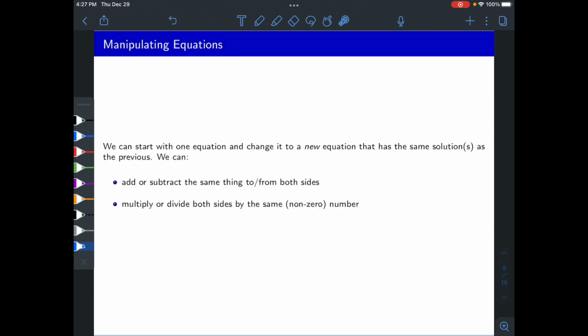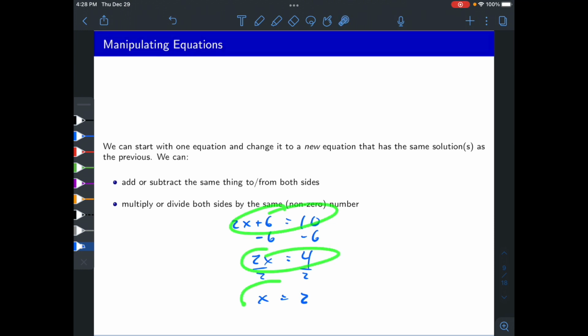For example, in 2x plus 6 equals 10, we can subtract 6 from both sides, and we get an equation that still has the same solutions, and then we divide both sides by 2, and that is also going to have the same set of solutions. So these three equations all have the same set of solutions. They're all equivalent to each other.